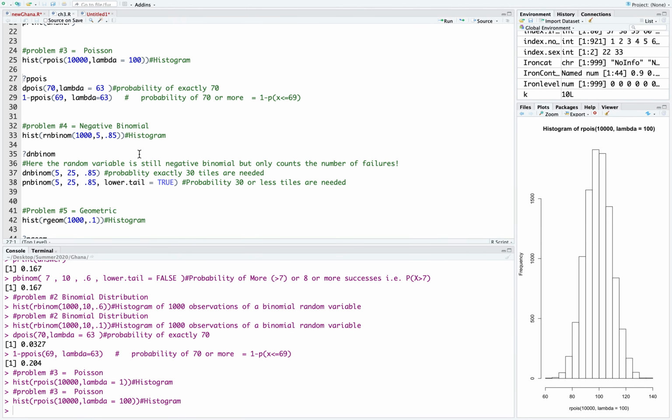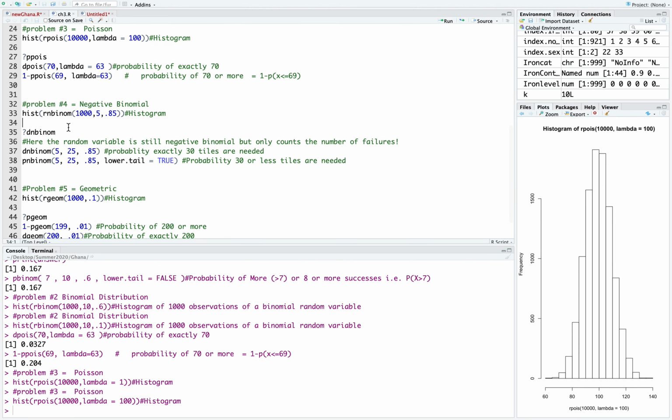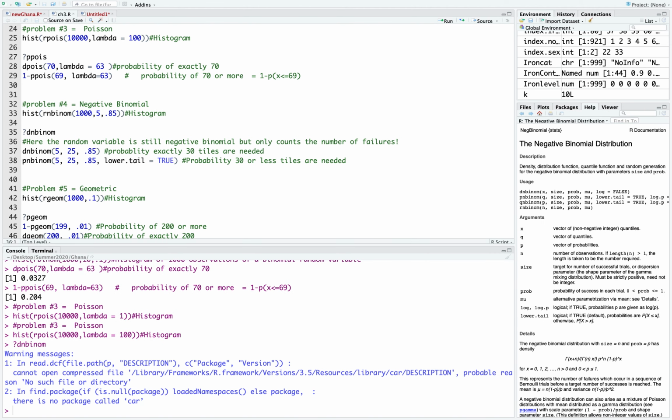So in R we have this negative binomial, and if I didn't want to know how the negative binomial works, I can do that, right? Since I want the probability of 30 or less, I use the P. If I want the probability exactly 30 tiles are needed, I use the D, negative binomial.